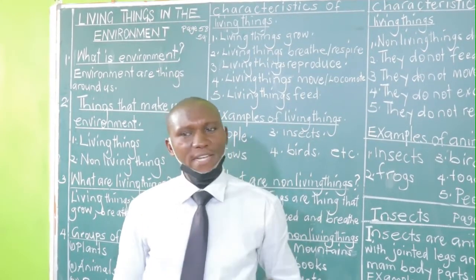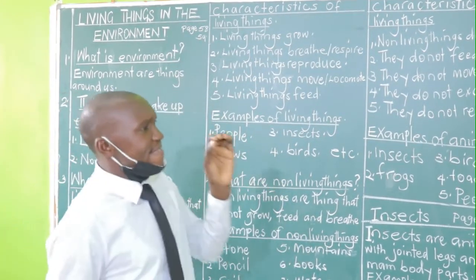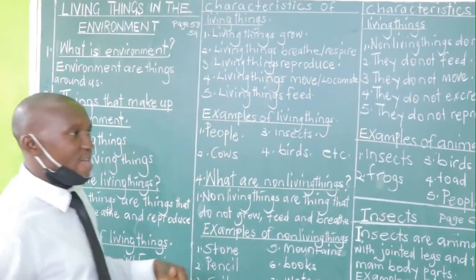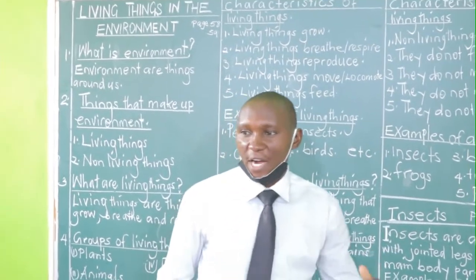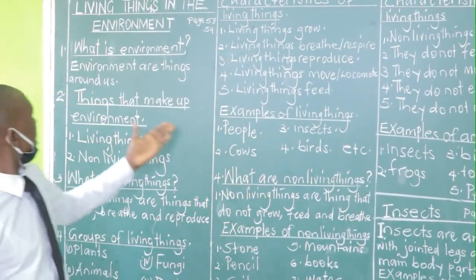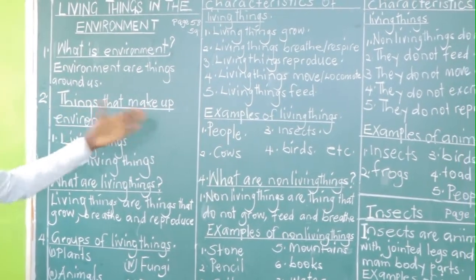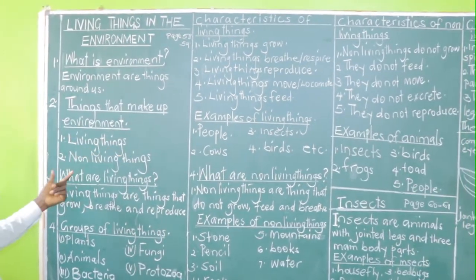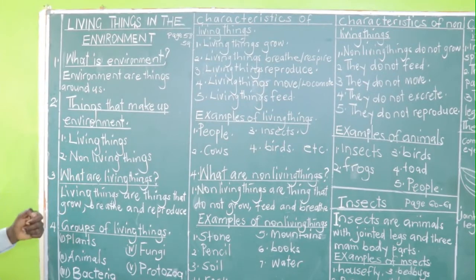But in our environment, there are things that were grouped according to the way they behave, the way they are characterized. Like when you look at the things that make up environment, we have living things and non-living things.